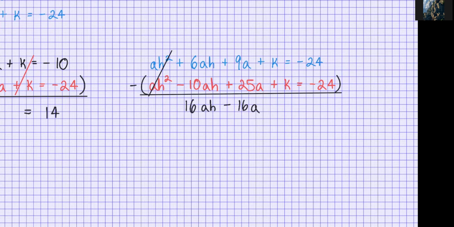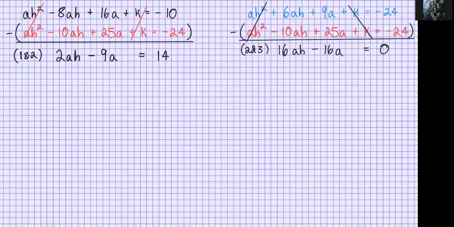Then the k gets canceled again. And then I have negative 24 minus negative 24. This gets canceled as well, and we have this equals 0. This equation came from combining equation number 2 and equation number 3.